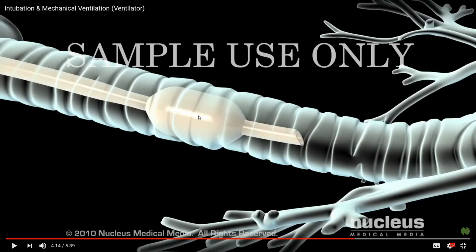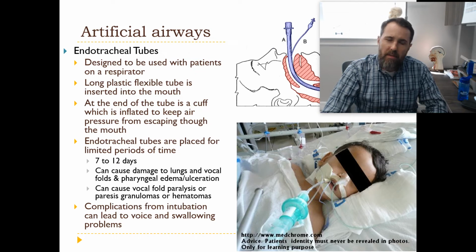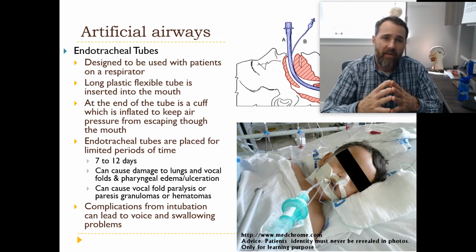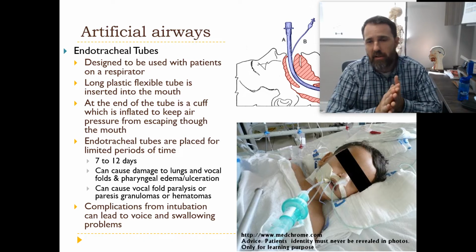So you can see when this balloon or cuff is inflated that you are not able to breathe past it, right? So any air coming in or out of your system is going to go through that ventilator. The ventilator tube that you saw in that video is referred to as an endotracheal tube or an endotrach.